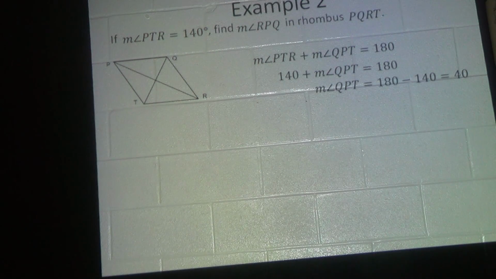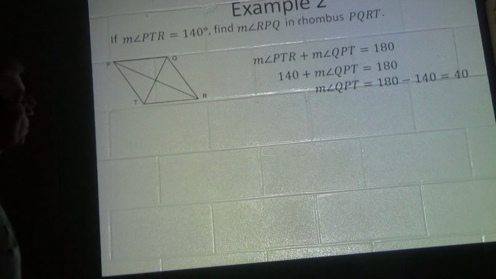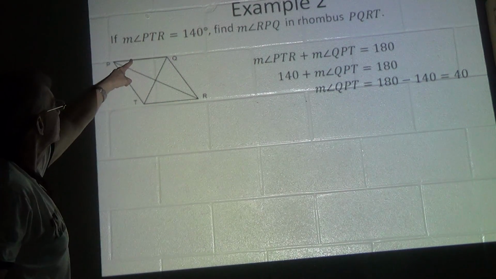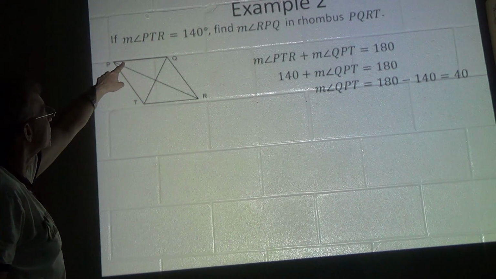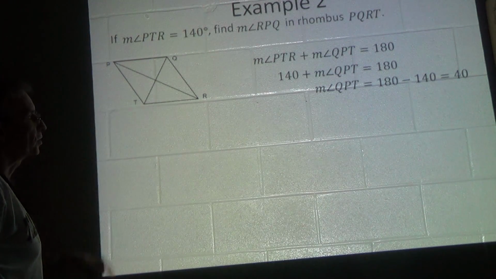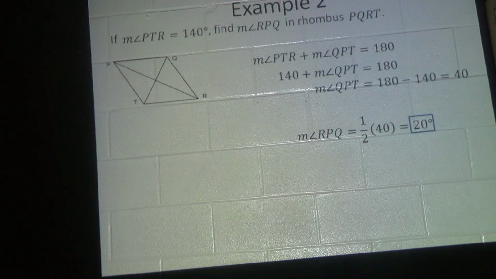The measure of angle QPT is equal to 180 minus 140, which is 40. So this big angle up here is 40. Since this bisects the 40 degrees, this side is 20 and this side is 20. So the measure we're looking for, angle RPQ, is 1/2 of 40, which is 20 degrees.